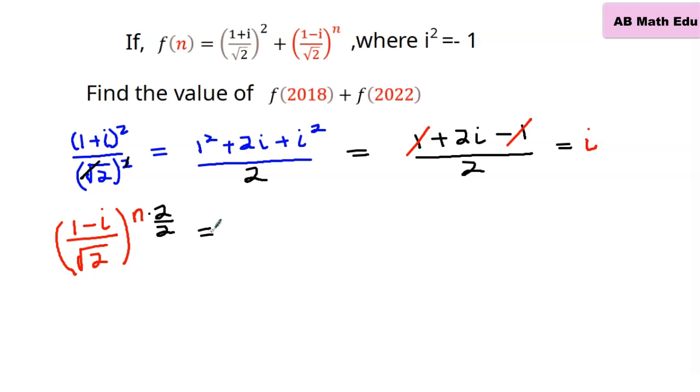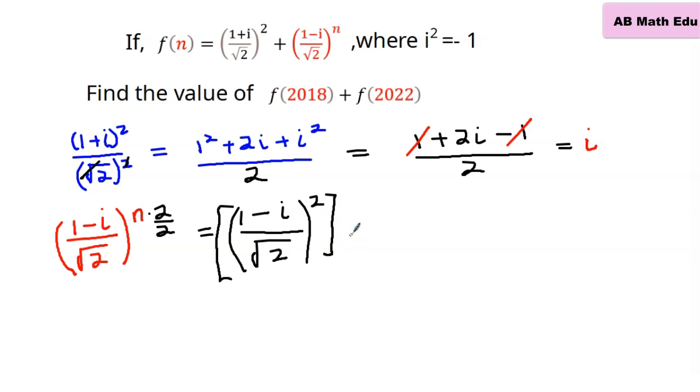So I can have ((1 minus i) over root of 2) all squared, raised to the power n divided by 2. I just split it so that I can simplify as I did with the first piece.